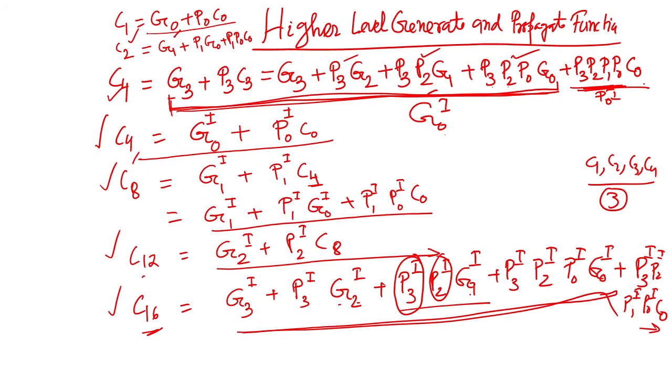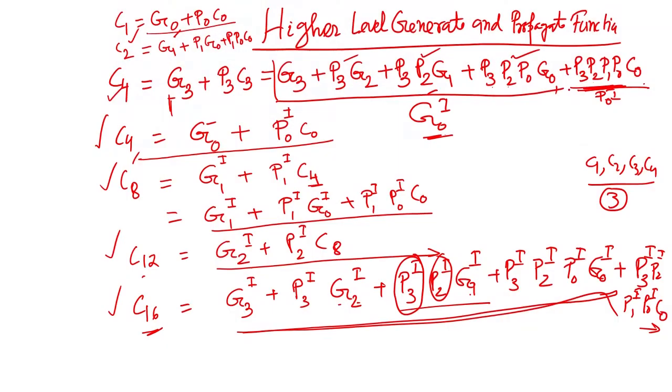After that you have to generate this part. So, this part is G0 I, the higher level G0 I. How will it generate? This is nothing but only this part. You can see this is an AND and OR gate. So, that means 2 gate delay. You can clearly see, right, G0 I will be generated by AND, and this one is also AND, but here is an OR gate.